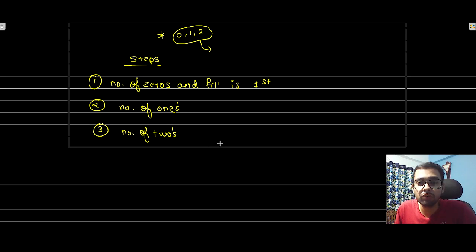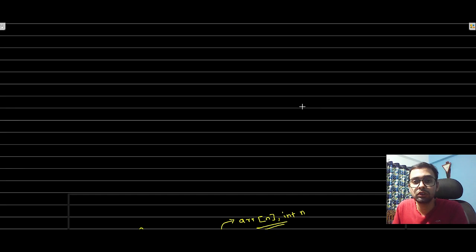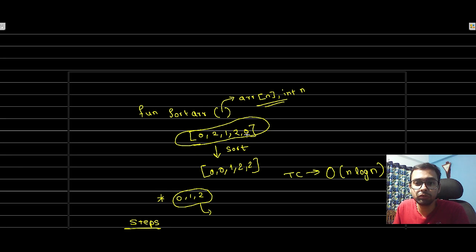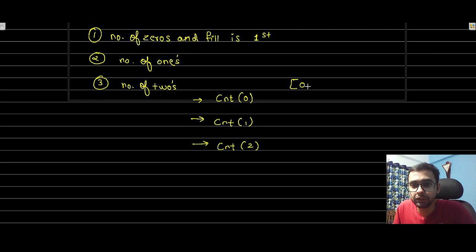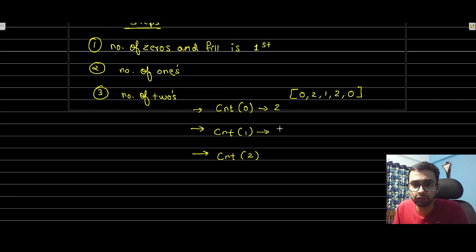For that, we take the count of 0, the count of 1 and the count of 2. The array is 0 2 1 2 0. So we can say that the count of 0 is 2, the count of 1 is 1, and the count of 2 is 2. We will create a loop and push the elements into the newly created array.